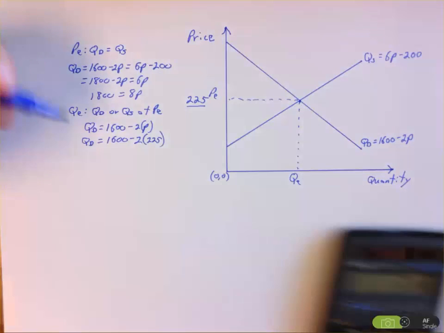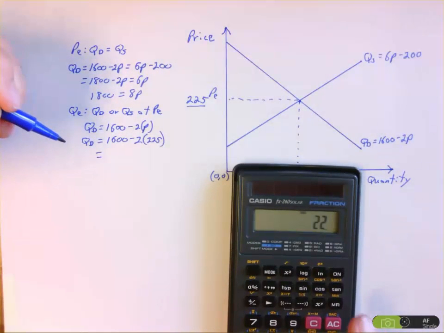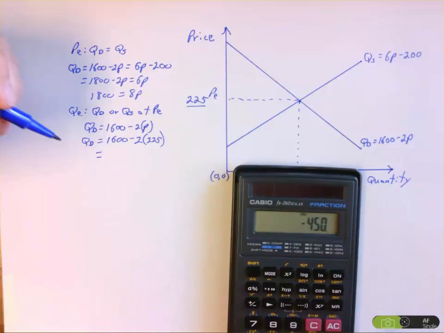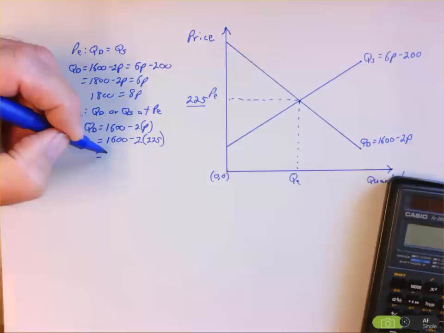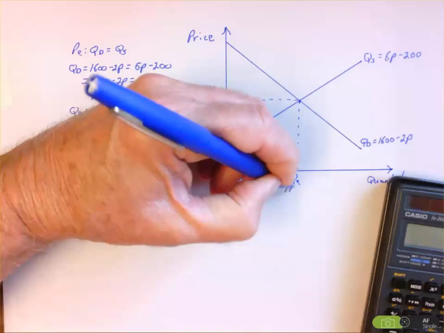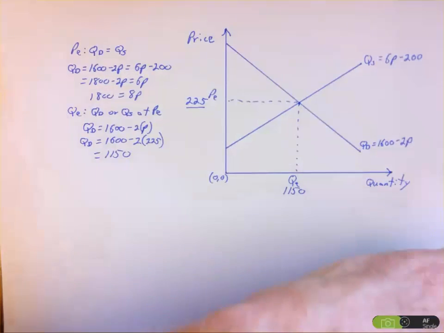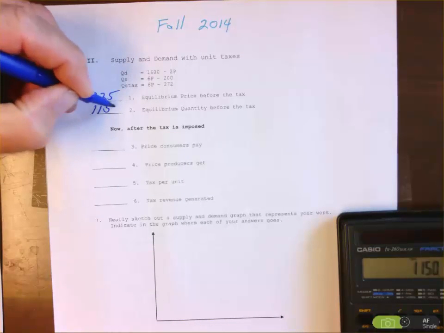And now my calculator can tell me what that is. 2 times 225 is this number, and I'm going to subtract that from 1600, and I get 1150. On the test, that's the equilibrium quantity, 1150.